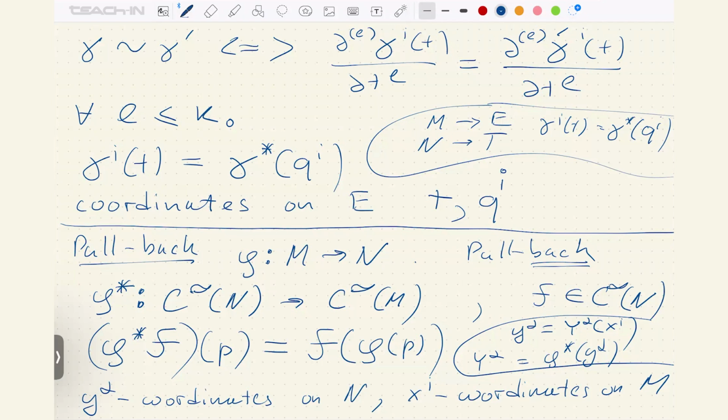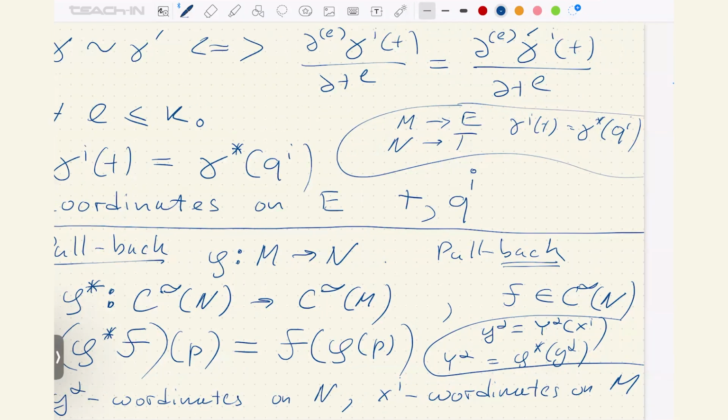This happens in supergeometry. There is a course on supergeometry for some of you, right? And that's exactly one of the instances where this idea of pullback is very useful. So instead of speaking about maps of manifolds, you speak about pullbacks, which means homomorphisms of algebras of functions.